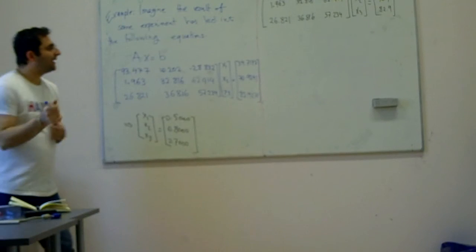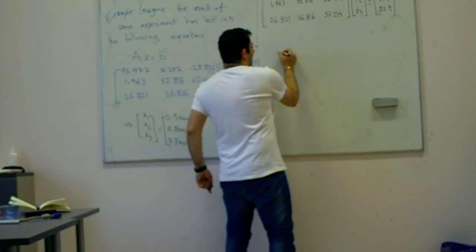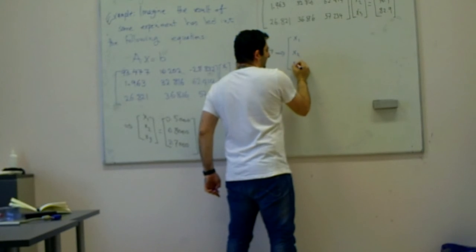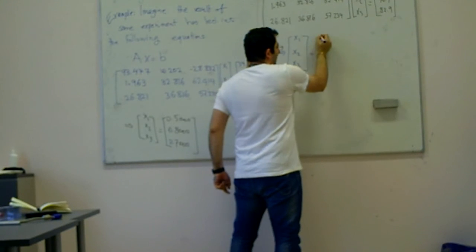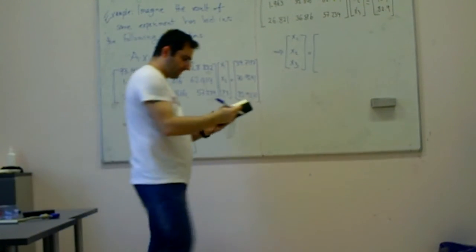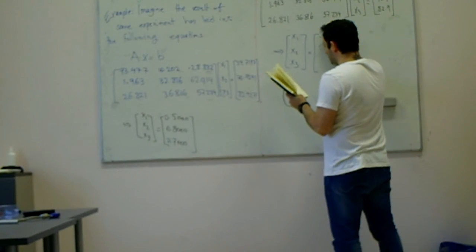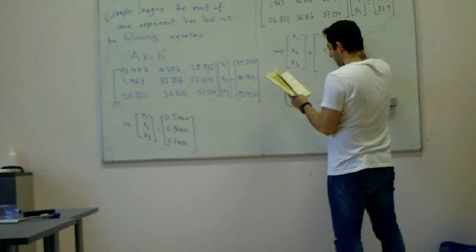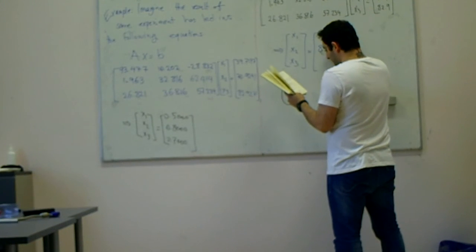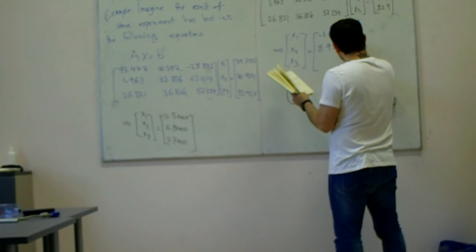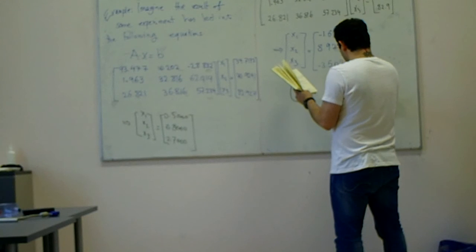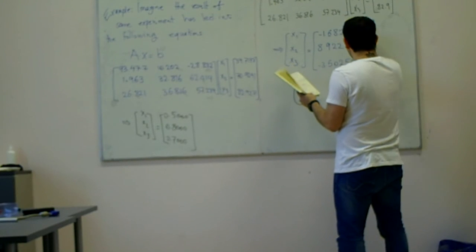If you calculate the values for your x1, x2, and x3, you will get these numbers: minus 1.68294, 8.92282, minus 3.5054.